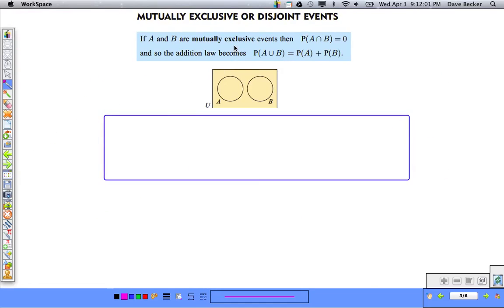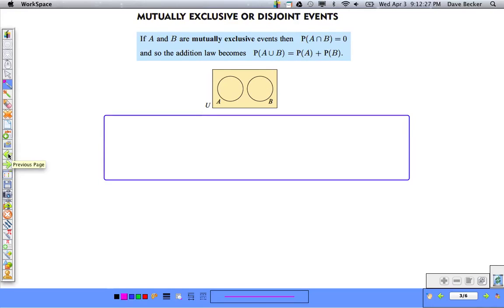We also have mutually exclusive or disjoint events. If A and B are mutually exclusive, then the probability of their intersection is 0. Well, that makes perfect sense because if they are mutually exclusive or disjoint, they do not intersect, so the probability of their intersection is 0. The probability of their union is just the sum of each of their individual probabilities.